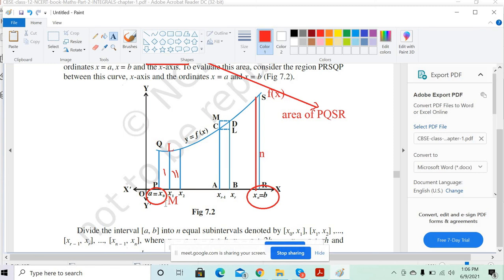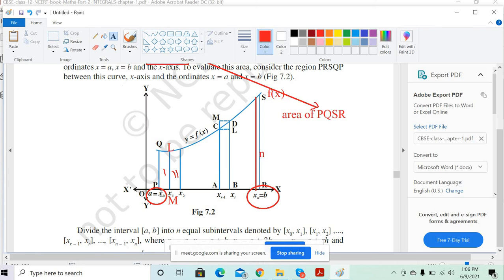So I am dividing a and b into n parts such that the strip width is very, very small, so that Q to L can be taken as a straight line, as good as a rectangle. Because if the distance is very small, then QL will be the same as PM, isn't it? Yes, sir.